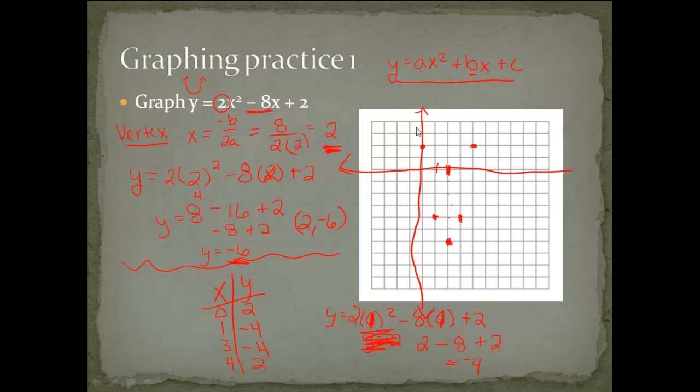Once you have your points plotted, double check to make sure it fits what we had decided before. It looks like it's going to open upward. It's definitely shaped like a parabola, so then you can go ahead and connect them to make your graph. So for the graphing here, we started by finding the vertex, and then we did a table of values.